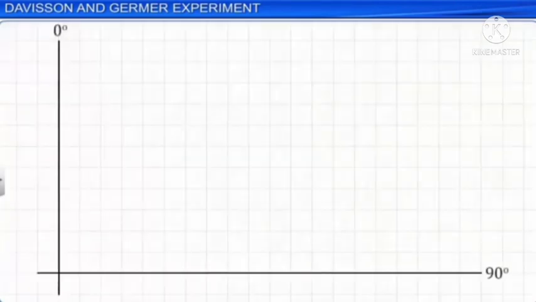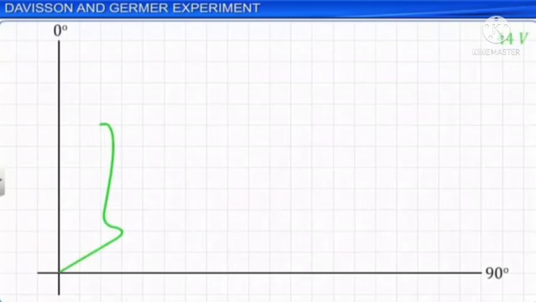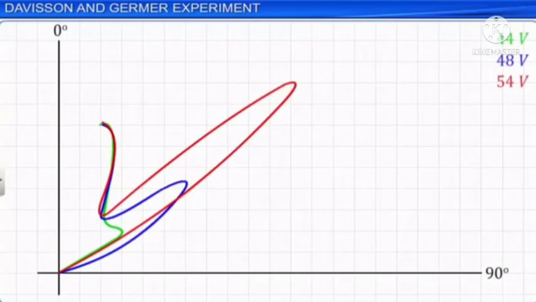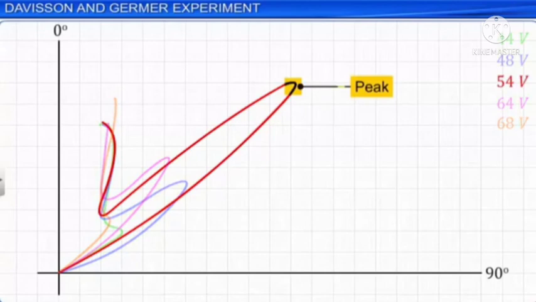This experiment was performed by varying the accelerating voltage from 44 volt to 68 volt. It was noticed that a strong peak appeared in the intensity I of the scattered electrons at an accelerating voltage of 54 volt and at a scattering angle theta equal to 50 degrees.